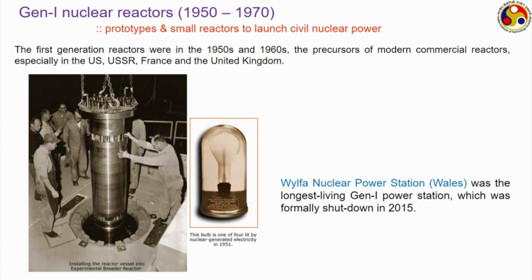Its one unit was shut down in 2012 and the last one was shut down in 2015. So, at the moment there are no active generation 1 nuclear reactors apart from this particular one. Actually all of them were shut down well before, but this was allowed to run till very recently.